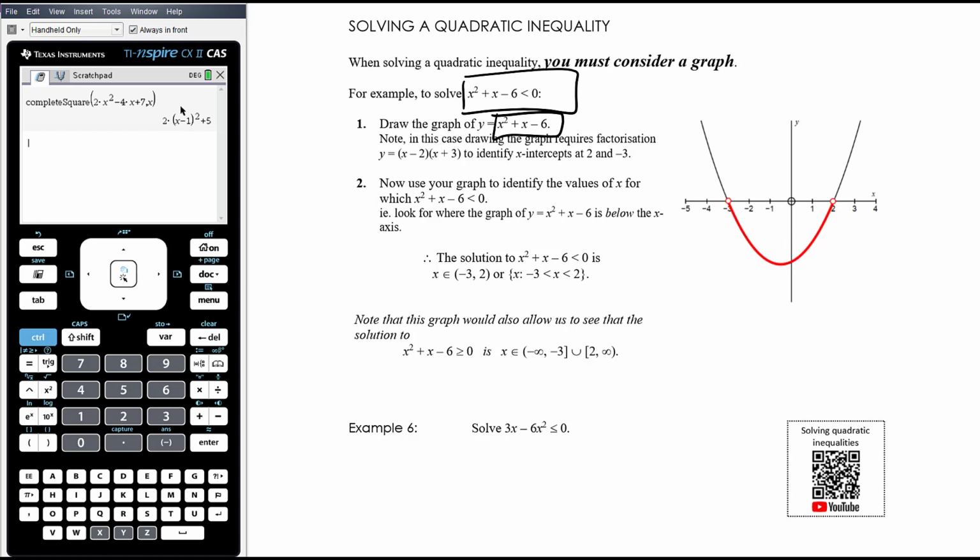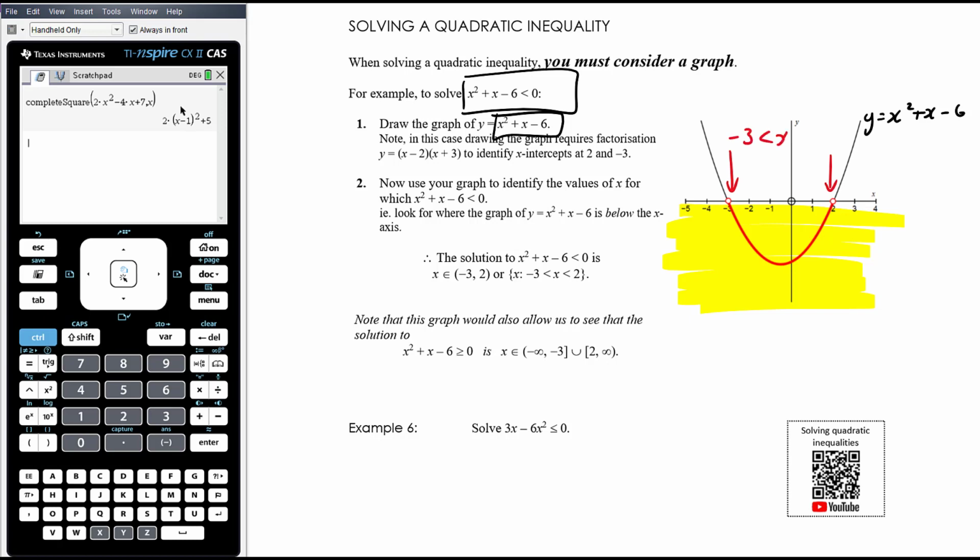So this is y equals x squared plus x minus 6. We want to know where x squared plus x minus 6 is less than 0, so where y is less than 0, and that is clearly down here. In terms of the x values where that happens, it is between this x value and this x value.